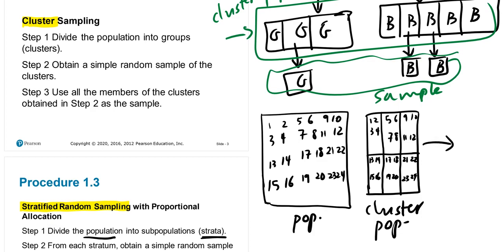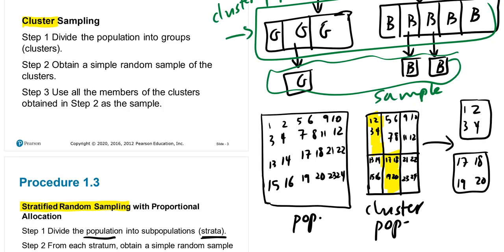And then from here we choose a sample cluster. Someone might say, I'm going to choose this one, and someone might say, I'm going to choose this one. So these are the randomly selected clusters: 17, 18, 19, 20.